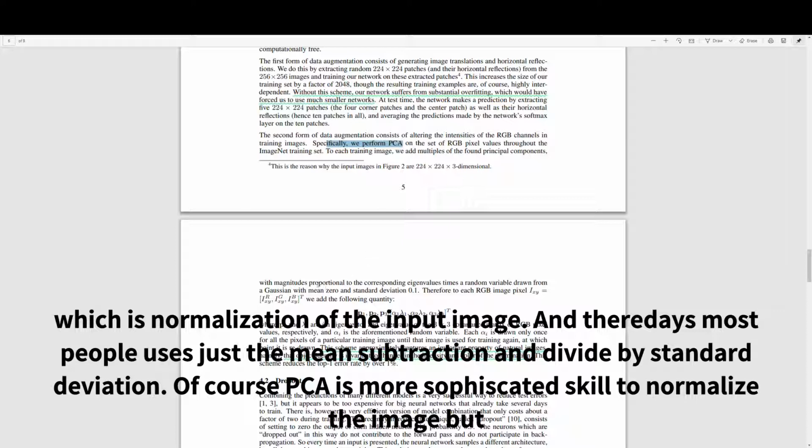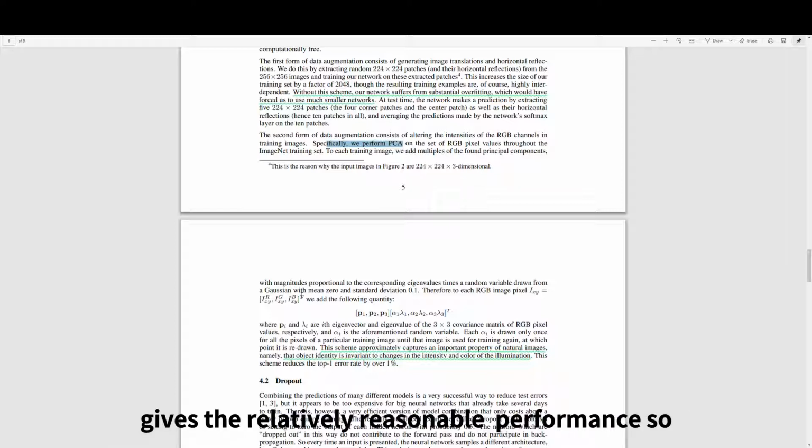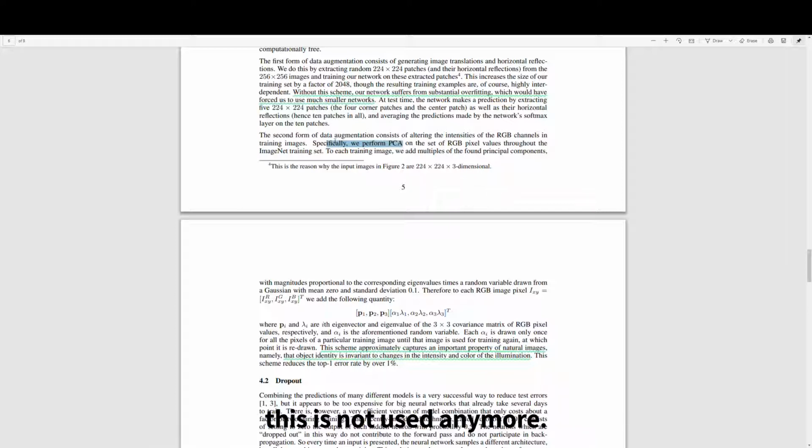These days most people use just mean subtraction and division by the standard deviation. PCA is of course a more sophisticated way to normalize the image, but even using non-normalized images as input gives reasonable performance, so this is not used anymore.